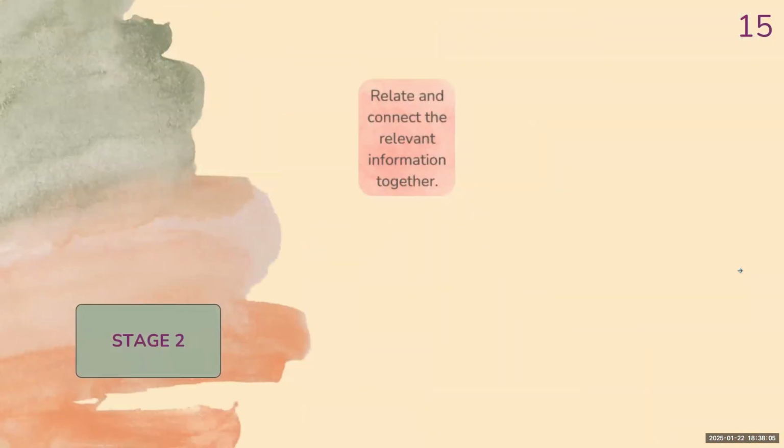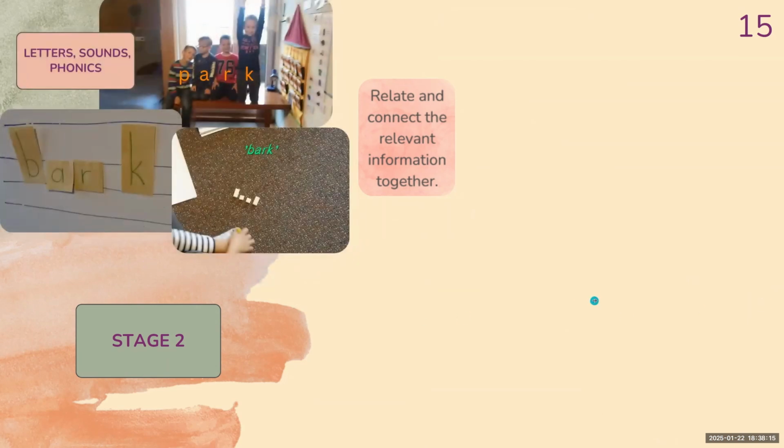Then we come to the second stage, where again we relate and connect the relevant information together, like we did with the first stage. Here we introduce the English alphabetic system, namely the letters and their sounds. They put together the familiar words from the project story, not just any words.